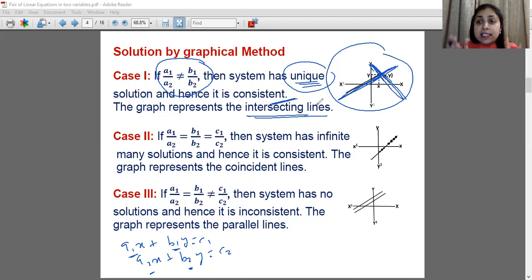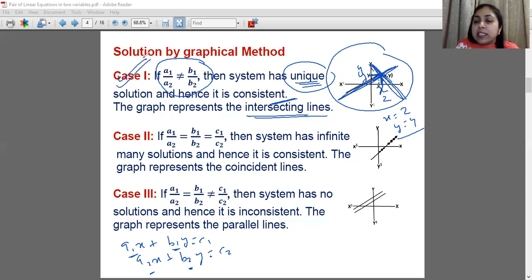So you can easily find the solution by graph. Like if I draw a perpendicular from here, here is the value of x, and a perpendicular from this point to the y-axis, then here is the value of y. I can easily read, like if this is 2 and this is 4, I can say x is 2 and y is 4. Easy. That's easy, no?